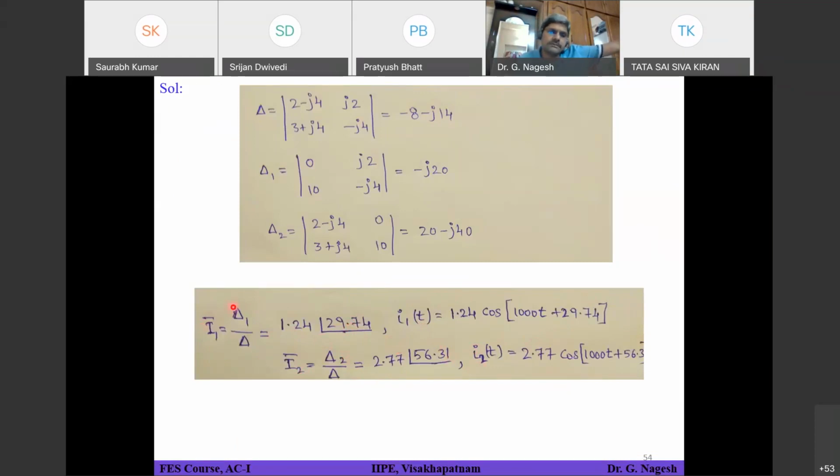At least for one variable, try to find out what is I1 phasor and the equivalent time domain function. Find out delta and delta 1 and do delta 1 divided by delta to get the current phasor.